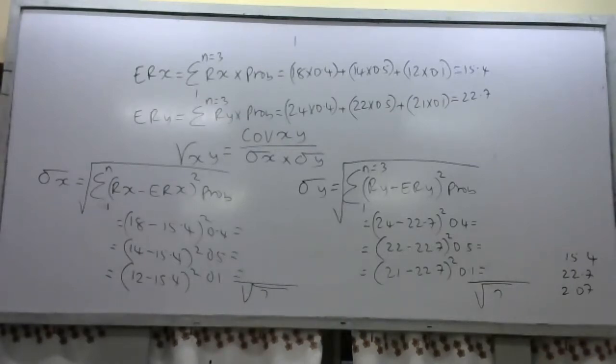Integrate between 5 or x squared minus 7.